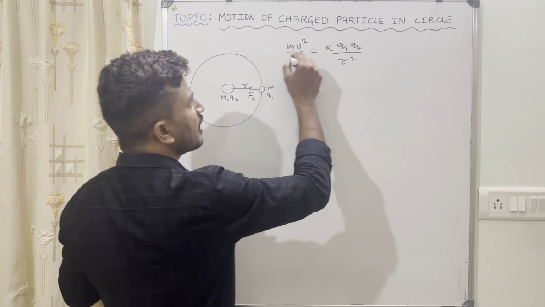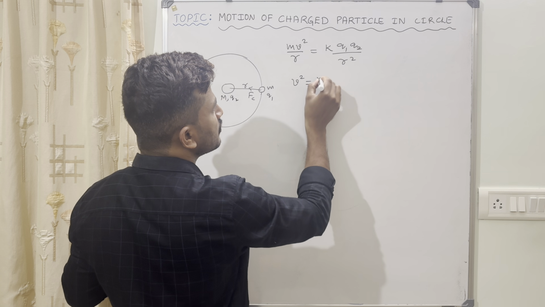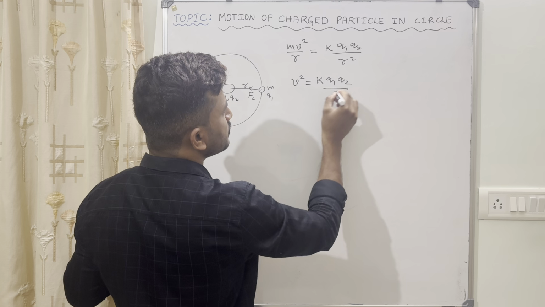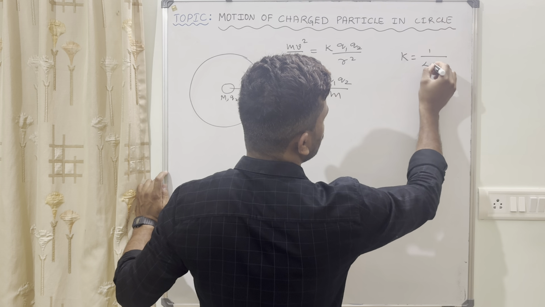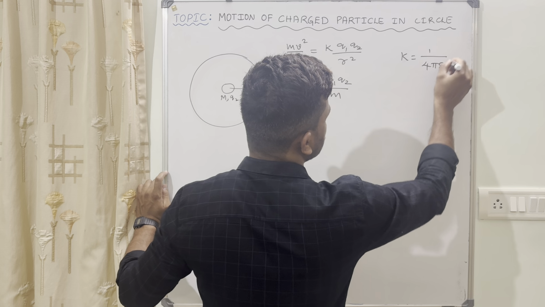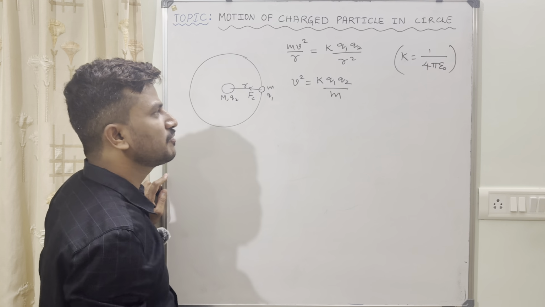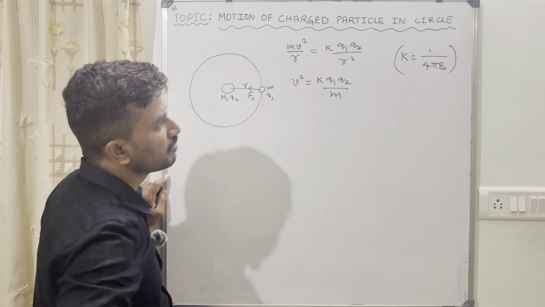So if you cancel r and r here, you will get v square is equal to k q1 q2 divided by m. Sir, what is k? Simple, it is 1 by 4 pi epsilon naught. Every time instead of writing 1 by 4 pi epsilon naught, for competitive exams we write it as k. If a dielectric constant comes, you have to mention k here.